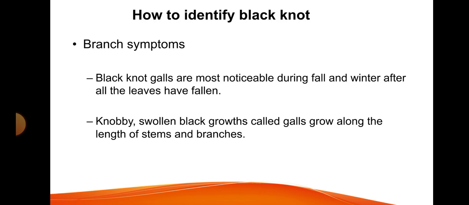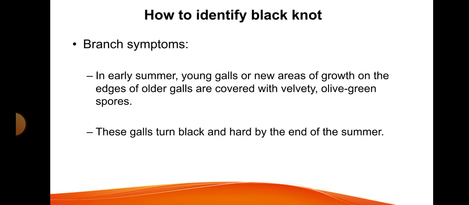Branch symptoms: black knot galls are most noticeable during fall and winter after all the leaves have fallen. Knobby, swollen black growths called galls grow along the length of stems and branches. In early summer, young galls or new areas of growth on the edges of older galls are covered with velvety olive green spores.